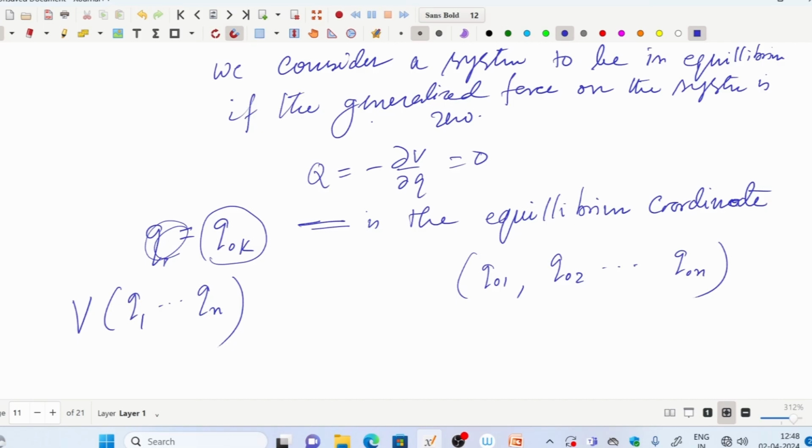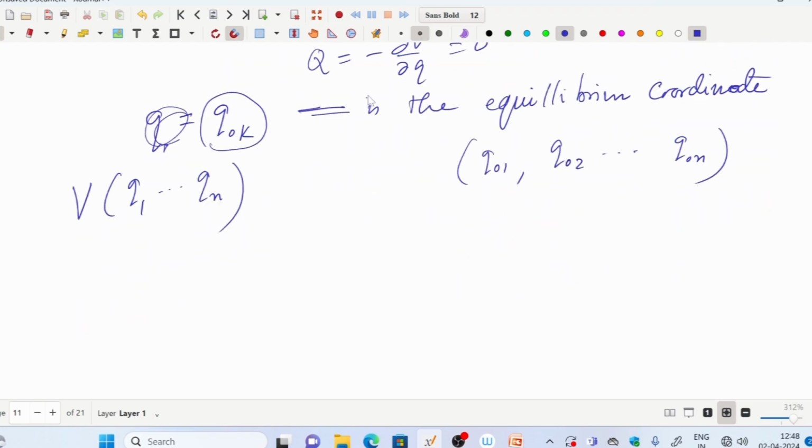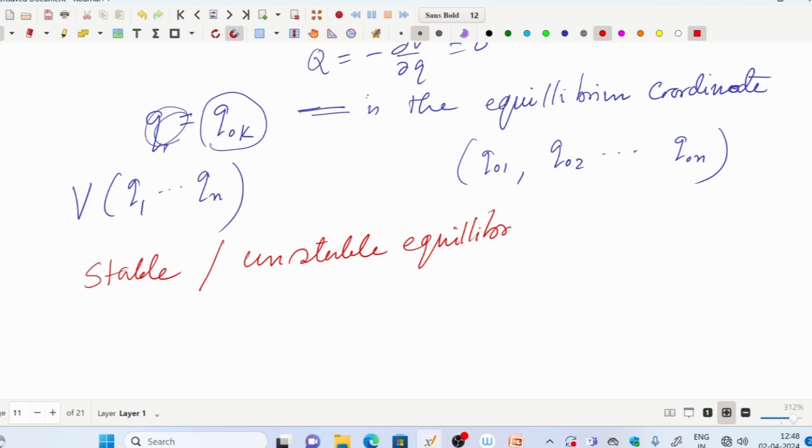But we have to know whether the equilibrium is stable or unstable. So, next we will learn about stable or unstable equilibrium. For that, suppose we visualize this in one dimension.